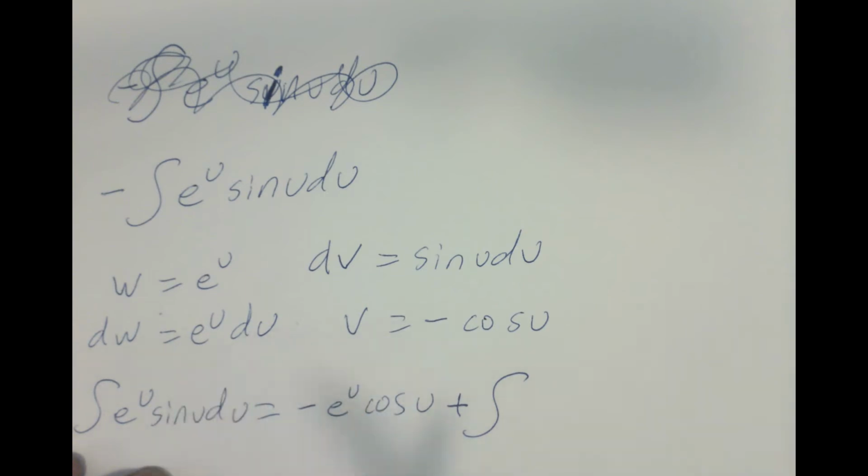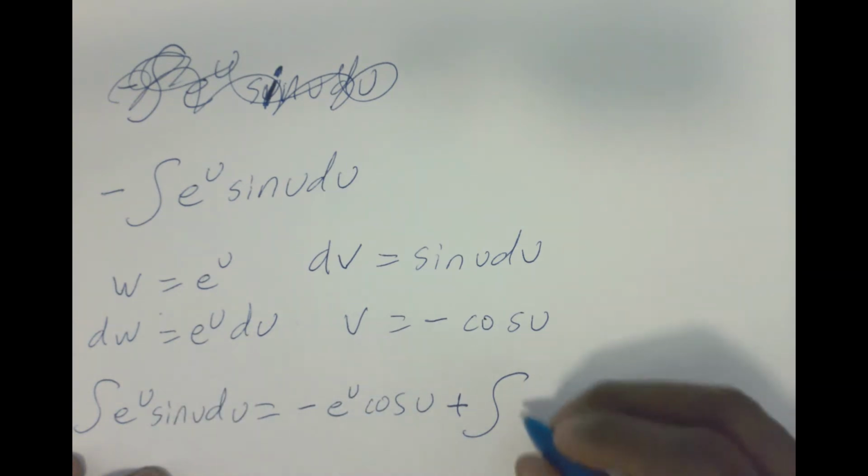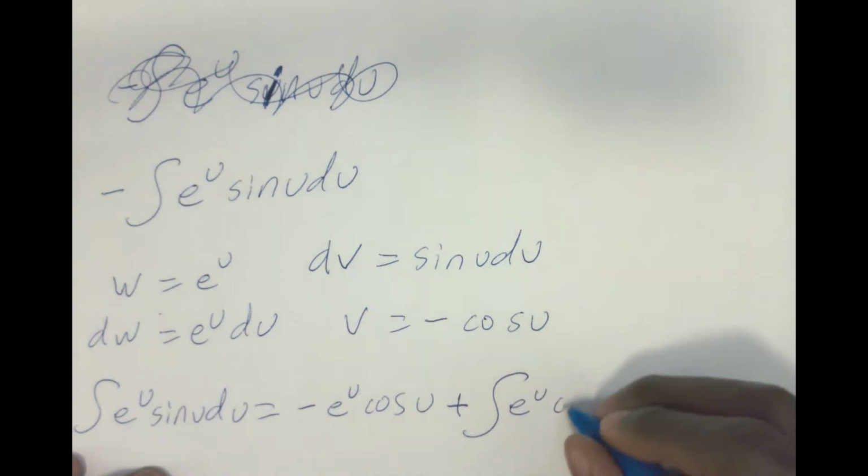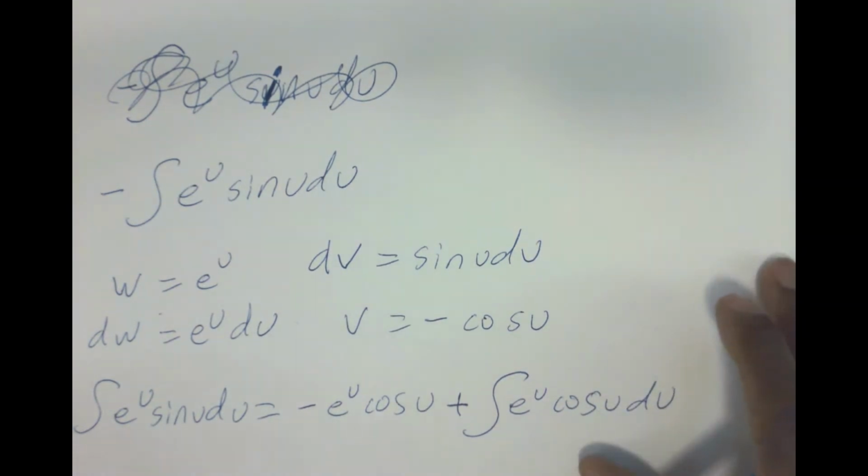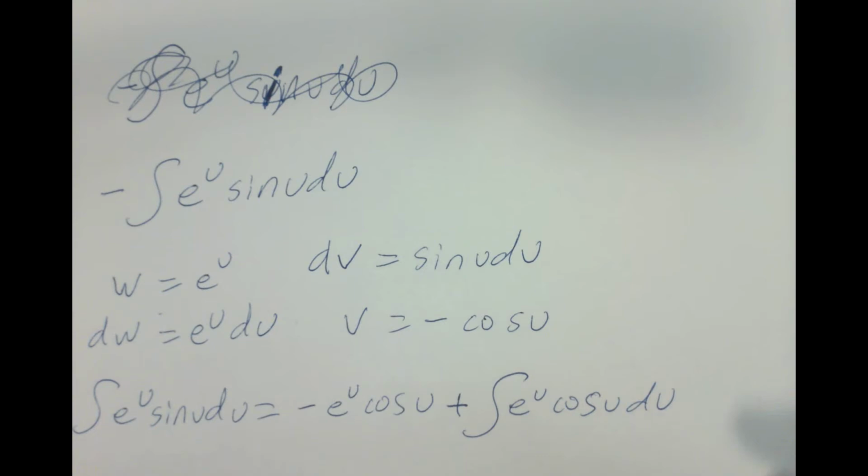And you have an e to the u du for your dw, so positive e to the u cosine u du. All right. So now we have to find the integral of e to the u cosine u. Integration by parts again, in very similar fashion.